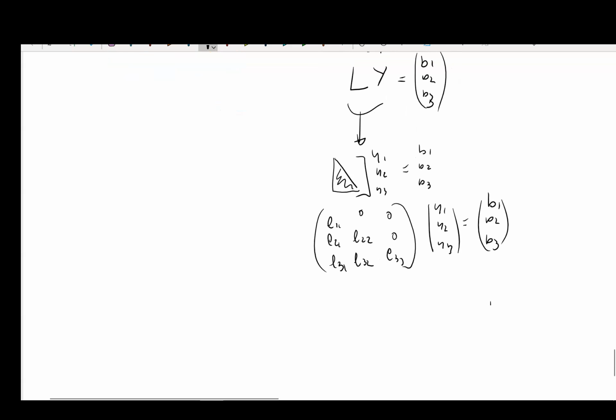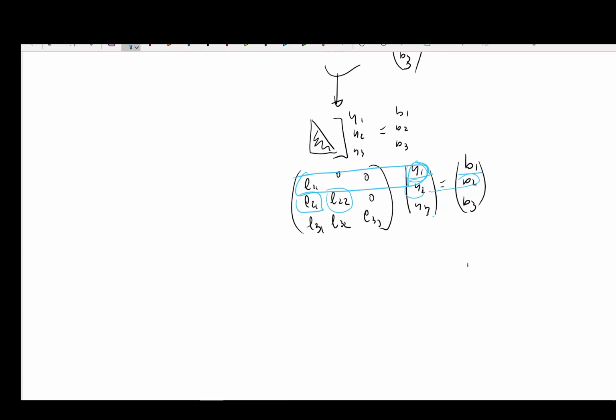And it's very simple to solve. L11 times y1 is equal to b1, so you find y1. Then L21 times y1, which you found, plus L22 times y2 is equal to b2, so you can solve this one. Each time you cascade down and find first y1, then y2, and then y3 with very simple operations.